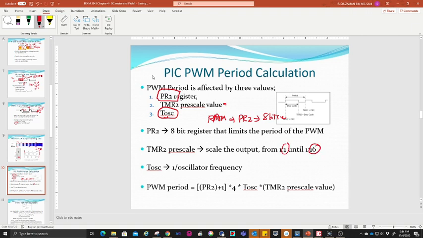And then the T oscillator is the clock oscillator, which is the frequency. So this is the formula to calculate the period: PR2 plus 1 times 4 times T oscillation times timer 2 prescale value. So you can finally get the period of the PWM.